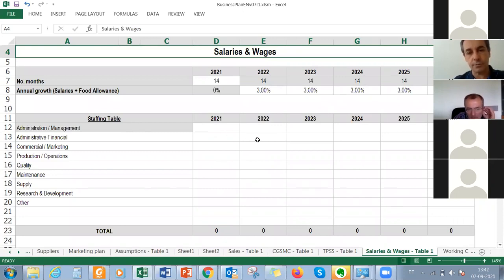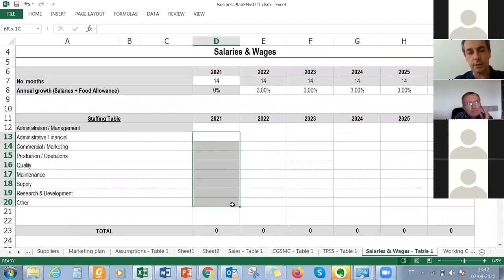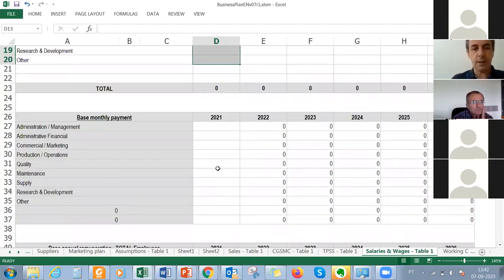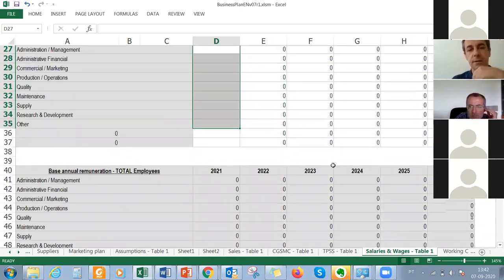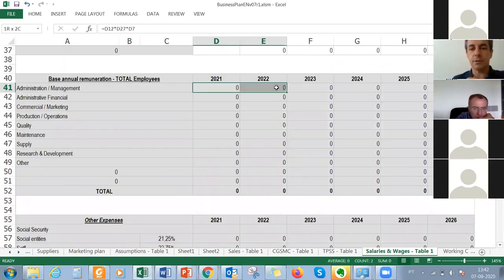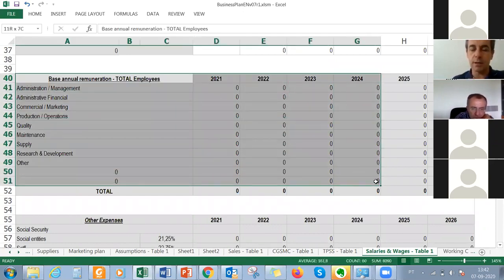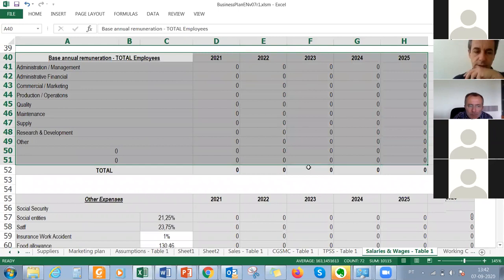How many staff will we need to develop our business, and what will I pay for each salary? And the system will offer me the costs, because everything in this gray area is not for me to write down, it is a system that will offer the calculations.